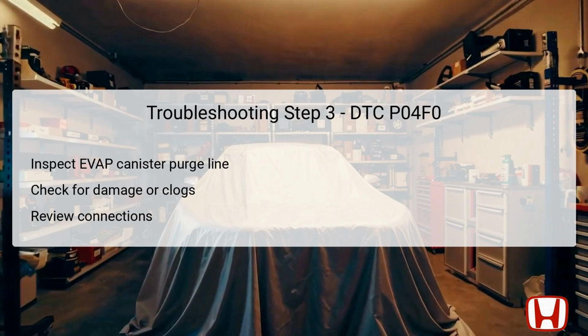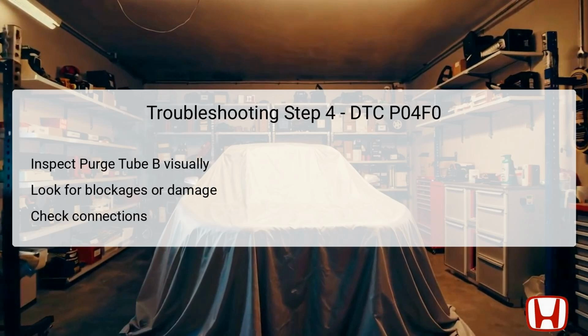This line serves as a primary conduit for the vapor flow. Thus, its integrity directly influences the overall functionality of the EVAP system. Detection of any faults or irregularities will help isolate the cause of the DTC and facilitate timely repairs or replacements, ensuring the continued efficiency of the EVAP system.